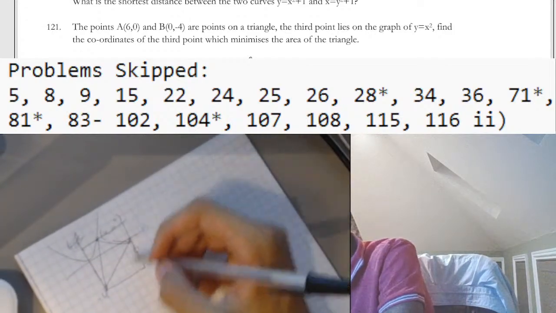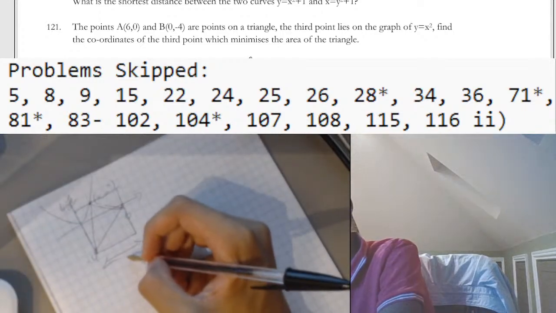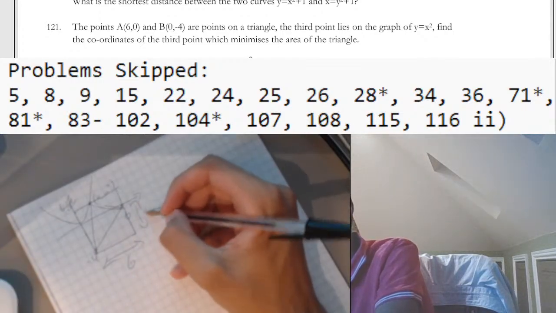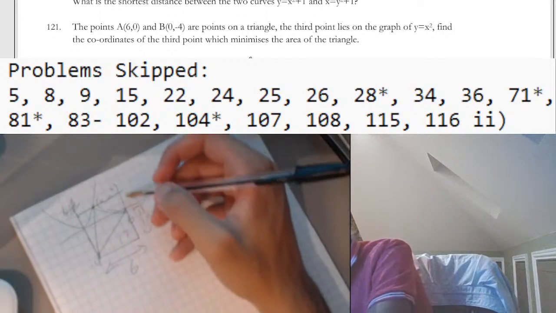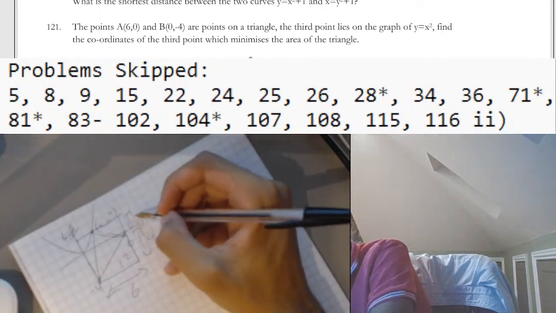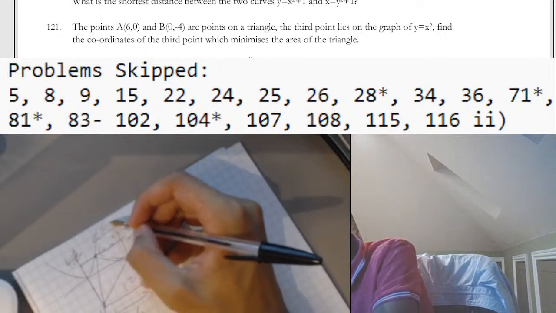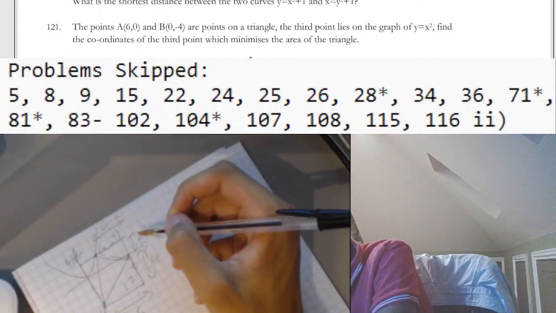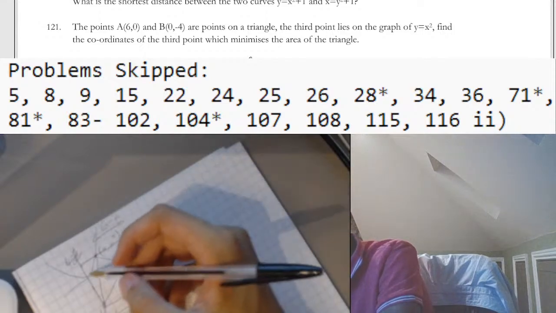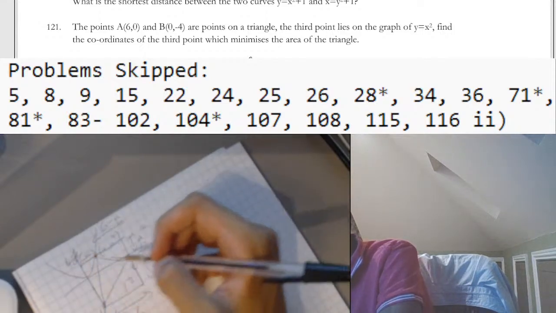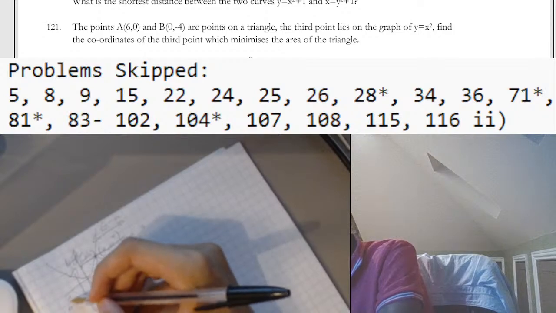Yeah, so this is going to be 6. 4, so the area of this thing is going to be 12. This is a squared, 6 minus a. Yes, we can get the area of this triangle, and then this is going to be a squared plus 4.